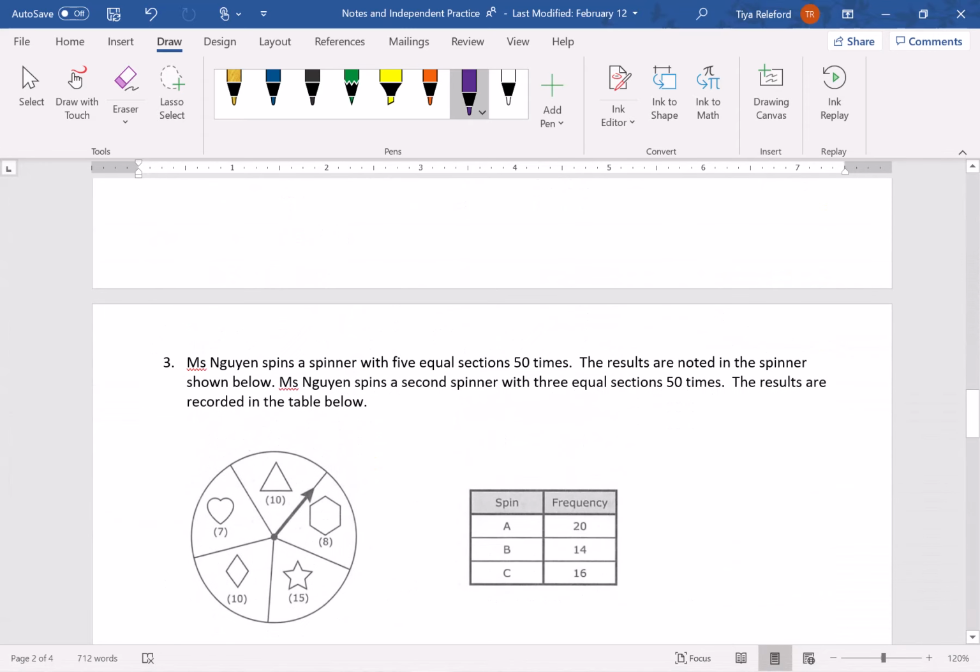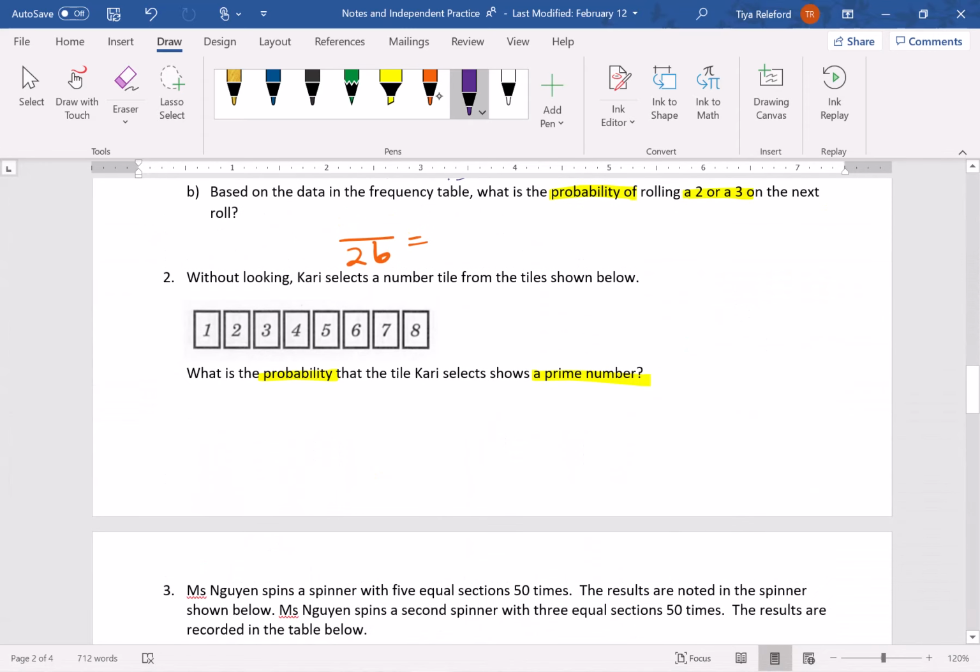I honestly always forget if 1 is a prime number, but maybe 1, 3, 5, 7, 11, 13, 17. All of those are prime numbers. You can't divide them. So how many of the numbers up here are prime?